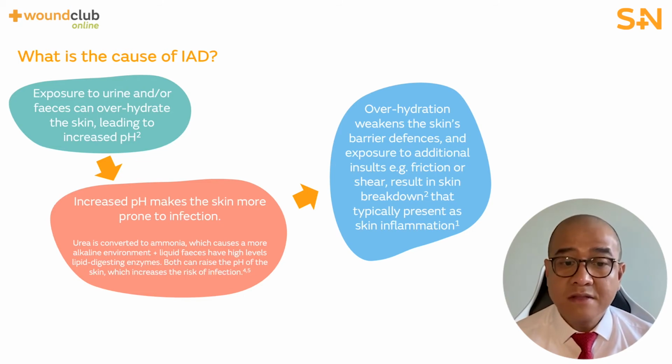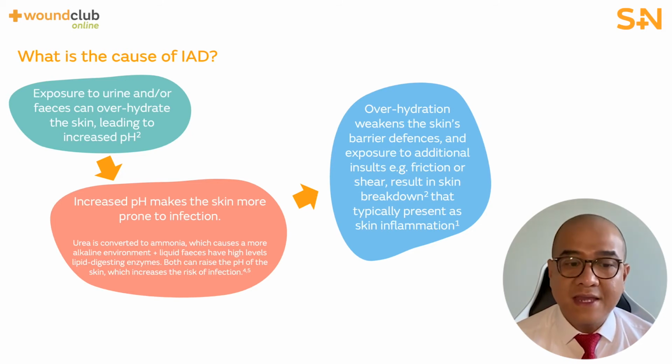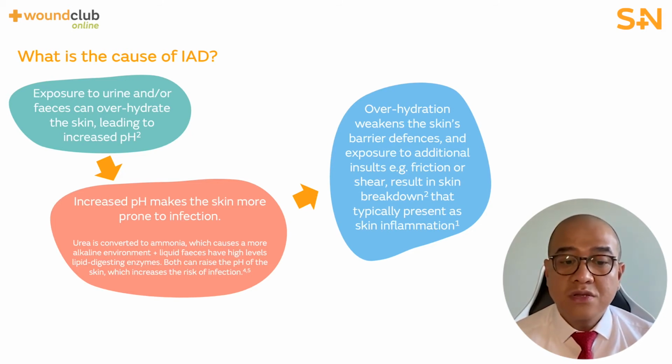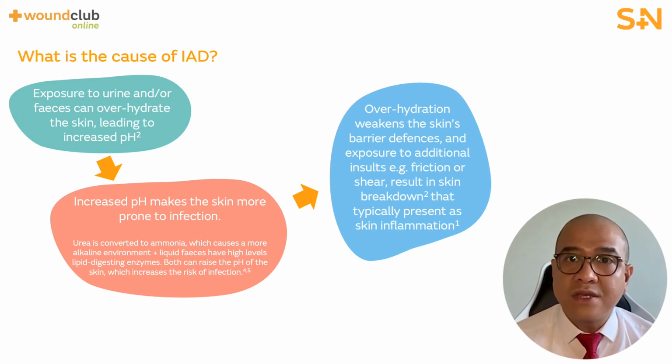A damaged acid mantle means fluid from urine and feces are drawn into the superficial layer of the skin, causing its cells to swell as they become overhydrated and subsequently disrupting its structure, thereby causing erythema, inflammation, and sometimes skin erosion, which are typical characteristics of IAD. With skin exposure to a combination of urine and feces, the combined effects of these processes can significantly increase the risk of IAD development compared with exposure to either urine or feces in isolation.